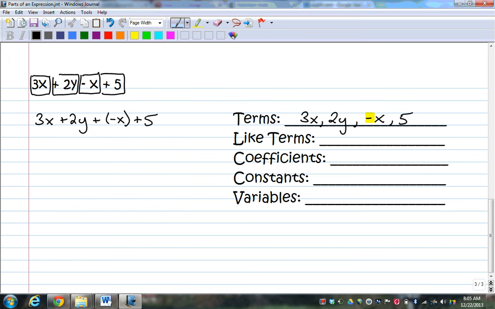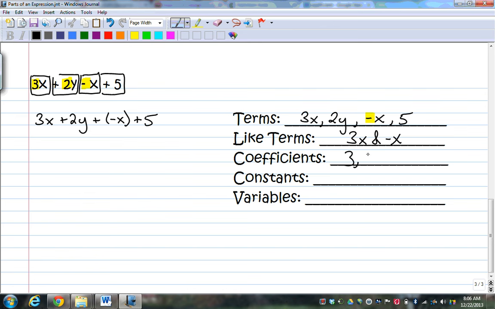Okay? So for my like terms, I have 3x and a negative x. That's all I have. For the coefficients, this is where the other tricky part comes in. Coefficients, I have 3 right here, I have a 2 right here, and I have something right there that a lot of students miss.